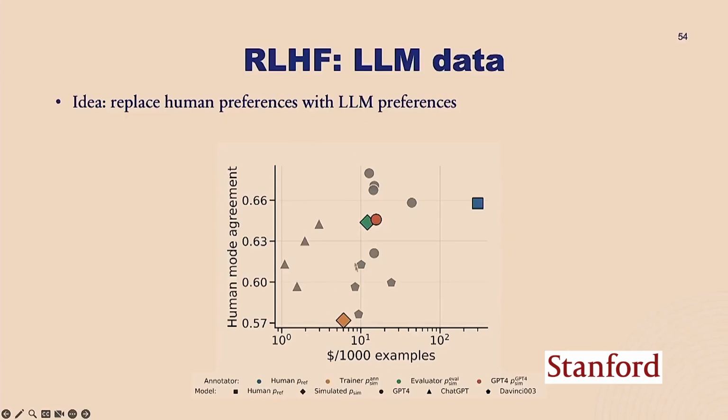So here on this figure, you see on the x-axis the price that we paid for collecting human data. It's around $300 for 1,000 examples, and this is on mechanical Turkers, which are usually cheaper than some of the other companies that you could go through. And on the y-axis, it's the agreement with the mode of other humans.